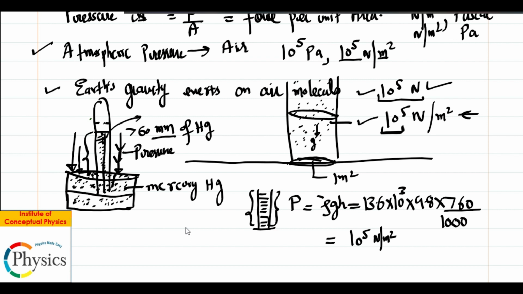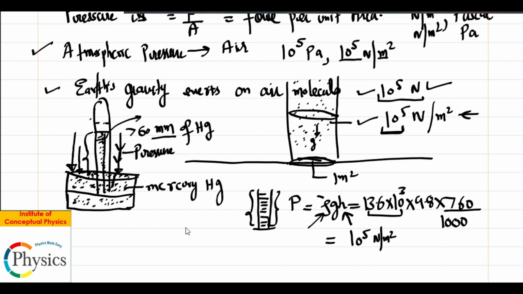You can change this liquid. You don't need to use mercury, but mercury has an advantage: because the density is very high, the height to which it rises is low. If you use a low density material, for example, this is 13,600. If you use water, then water will have to go very high in the column. Maybe the water goes up and up.